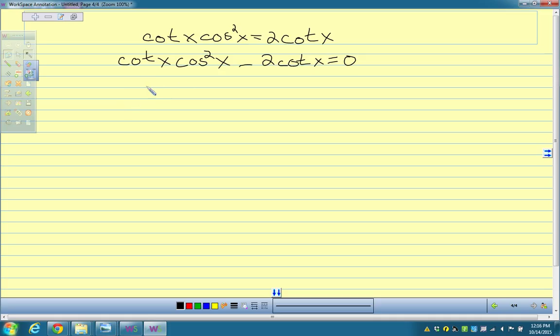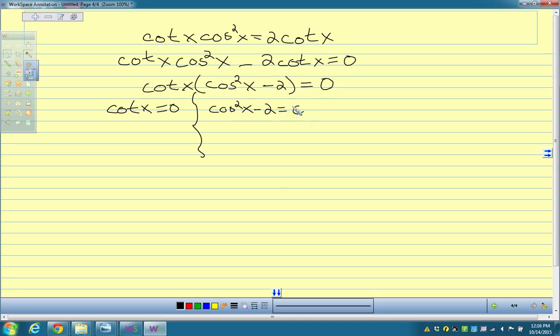So now I have cotangent of x times cosine squared of x minus 2 equals 0. And then I have 2 possible solutions: either cotangent of x equals 0, or cosine squared of x minus 2 is equal to 0.